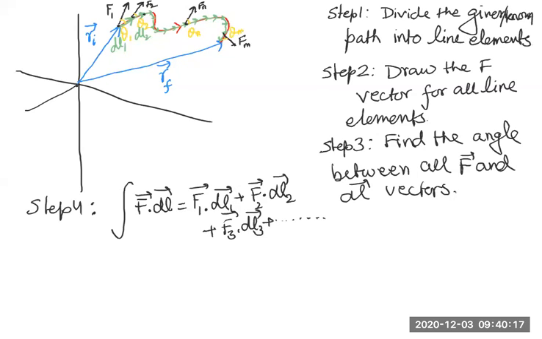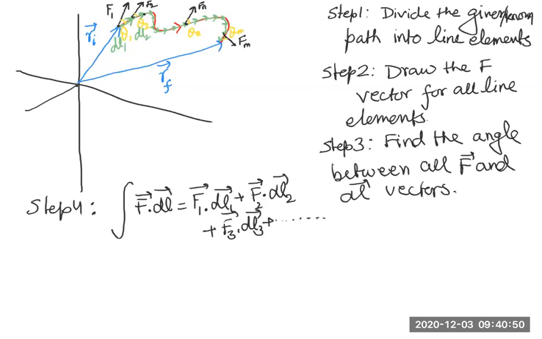Dl vector being the line element which has been arranged along the path that has been followed, and the F vector is the literal value of the F vector at these different points in space where these dls have been made. Okay? So when you start finding the dot product of all the F and dl and you add them up, you get the line integral ka value.